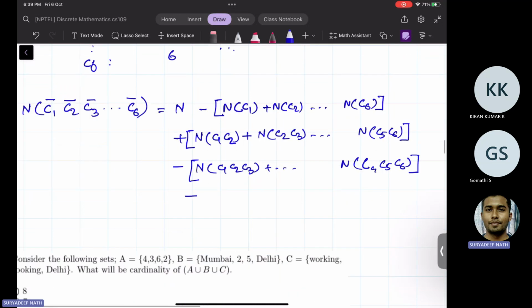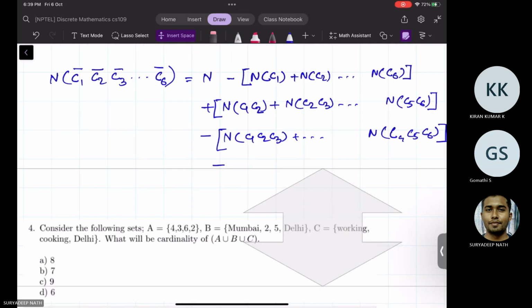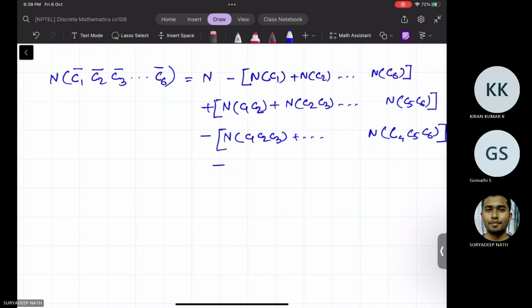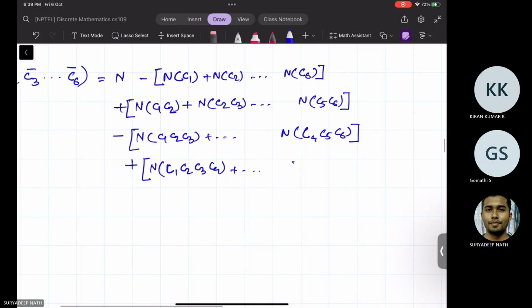Now the four people we are considering together in C1, C2, C3, C4, and let's say C3, C4, C5, C6.